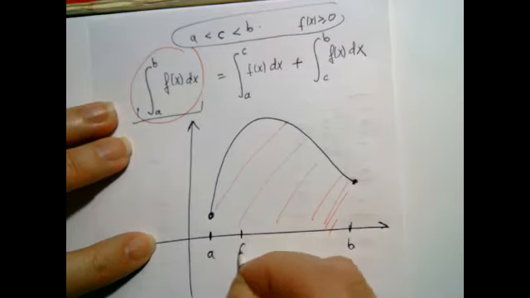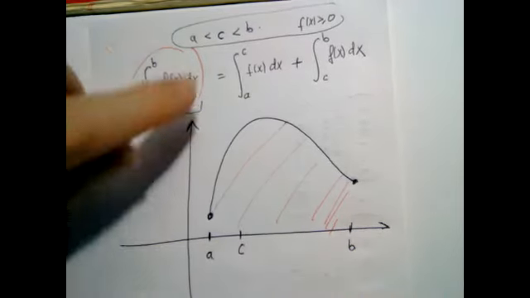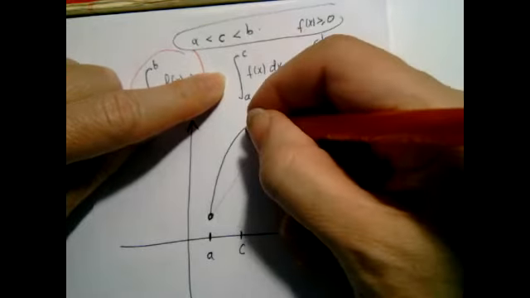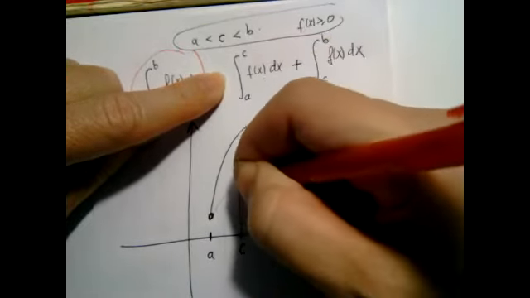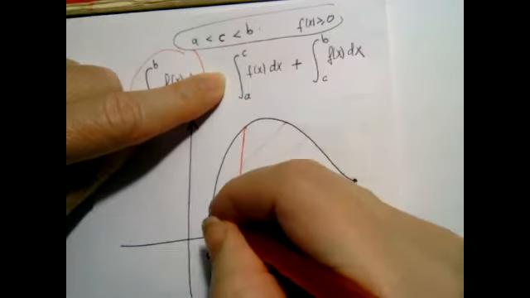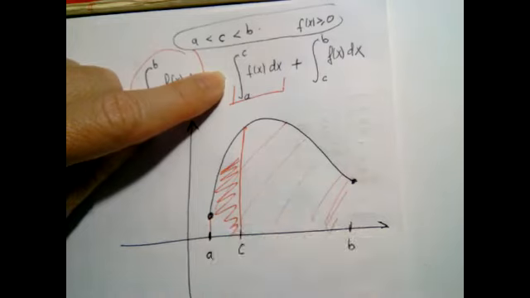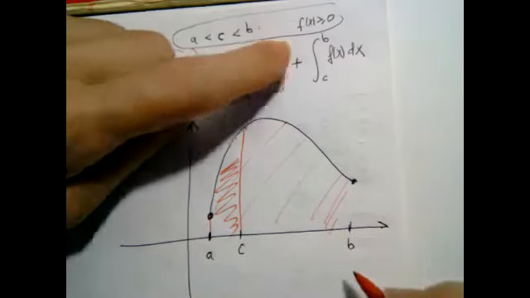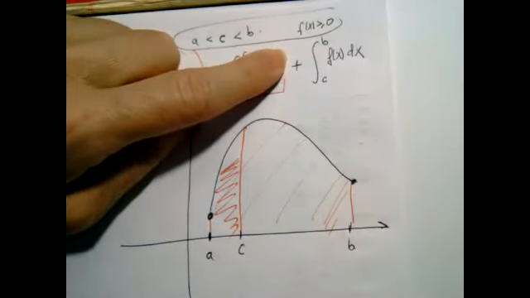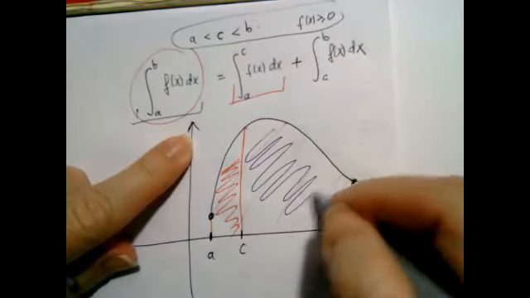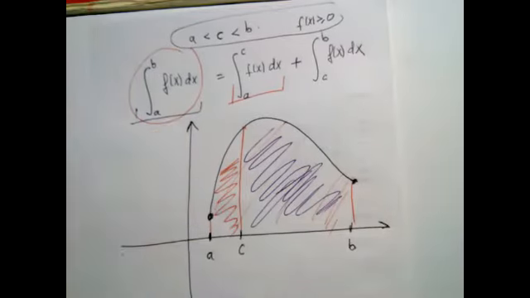I don't know where. That's my c. What does the integral from a to c represent? It represents the area of this region. The integral from c to b represents the area of this, supposed to be purple.